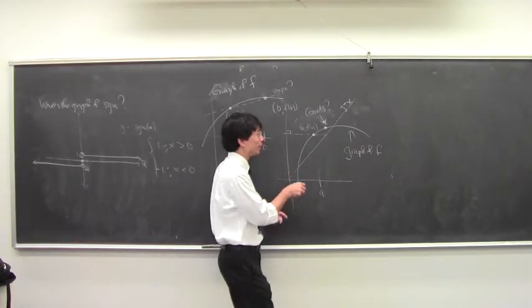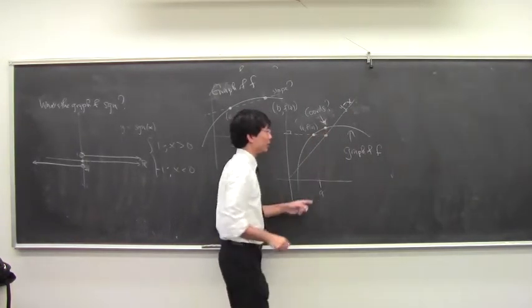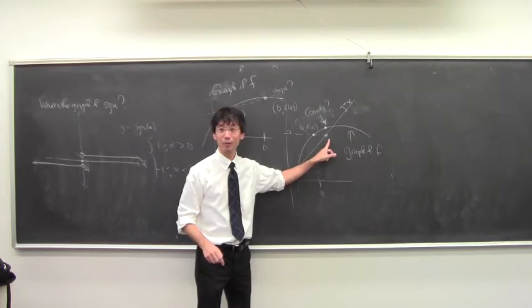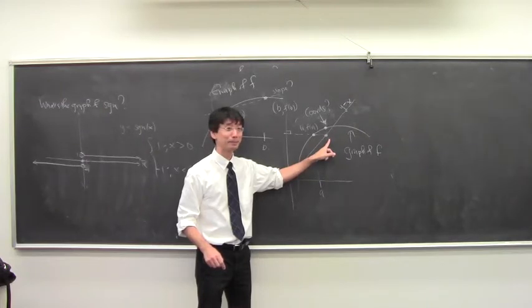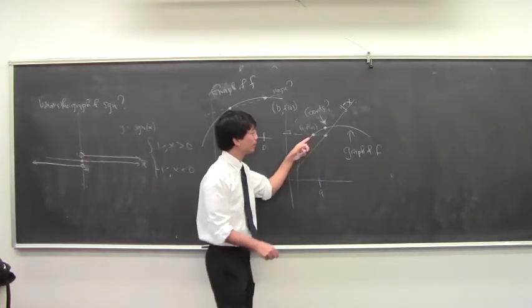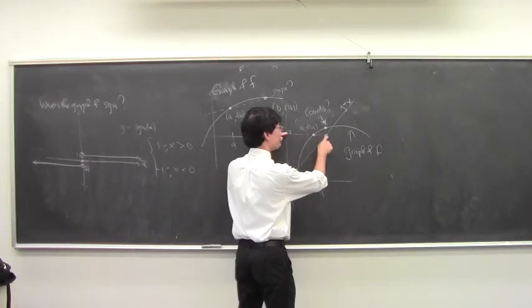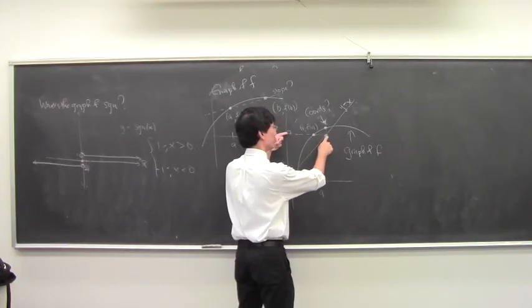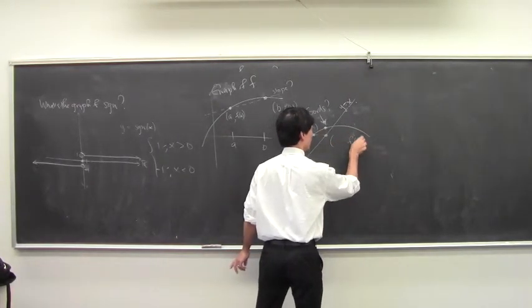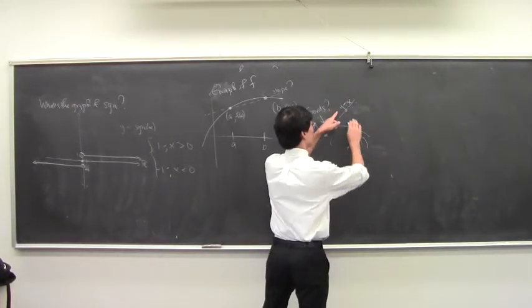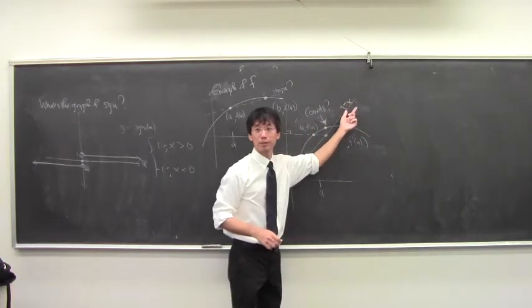No. Maybe to make it clearer, let me put in an intermediate point here. What's this point? A plus X. Well, right. What's the y? Let me ask you this. What's the y coordinate at this point? F of A, right? The y coordinate is f of A, and this lies on the line y equals x, right?